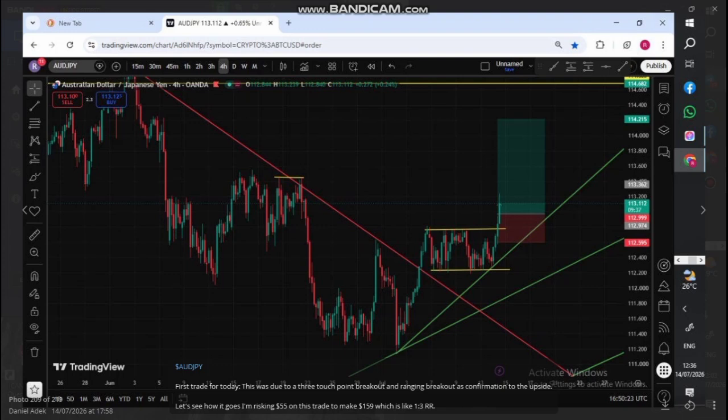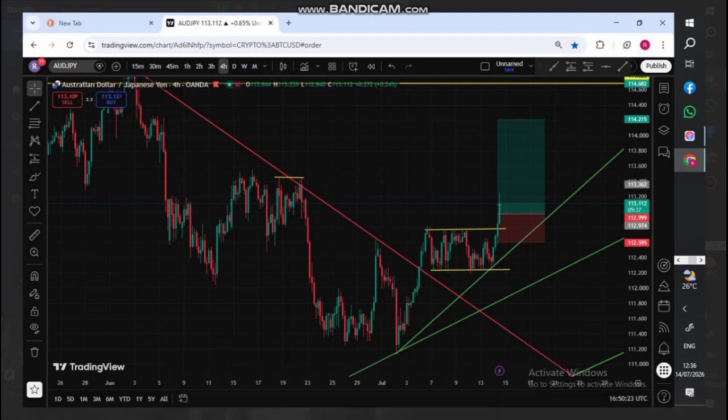But what made me confident that it's going to buy was because it was already breaking out of the trend line, right? So that's what gave me more confirmation. If it was going to break to the downside, I would have known, and the trendline was giving me a confirmation that this is trying to change bias.